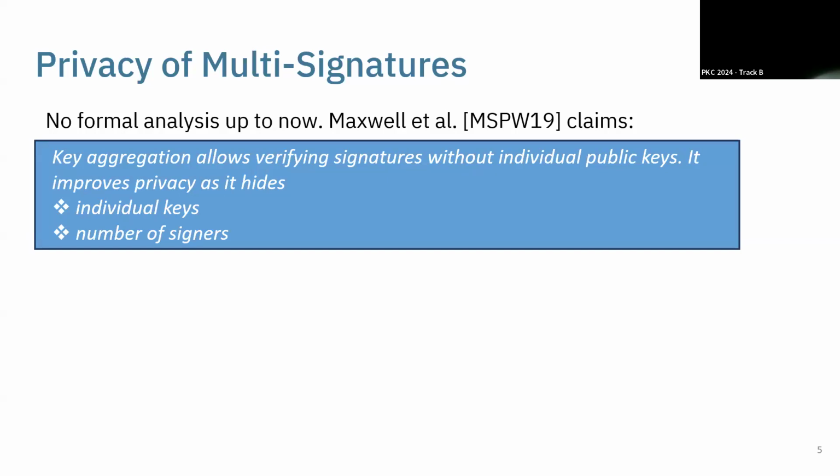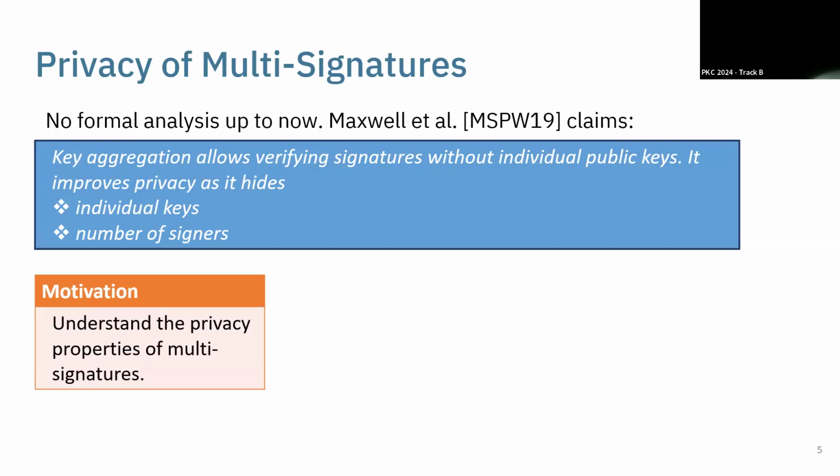Actually, the first paper that proposes this key aggregation technique for multi-signatures claims that it could be useful for providing some privacy for end users, as the key aggregation technique will hide the number of signers or the individual public keys of the signers, so they will have some extra privacy compared to other settings. But there's no formal analysis or definition of this property.